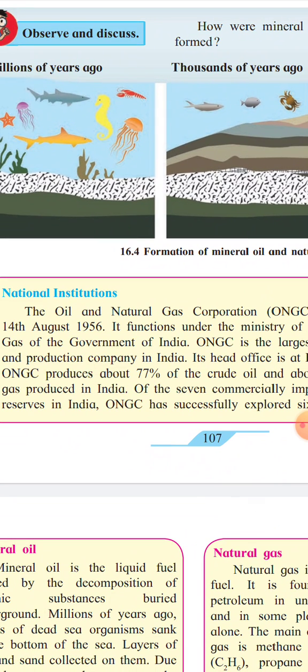Its head office is at Dehradun, Uttarakhand. ONGC produces about 77% of crude oil and about 62% of natural gas produced in India. Of the 7 commercially important underground oil reservoirs in India, ONGC has successfully explored 6.